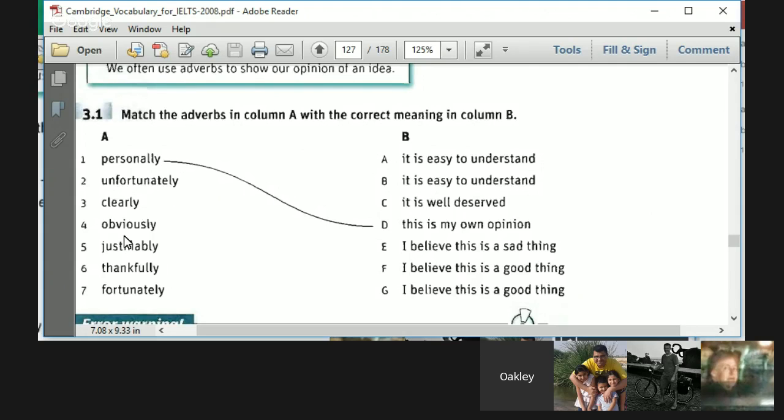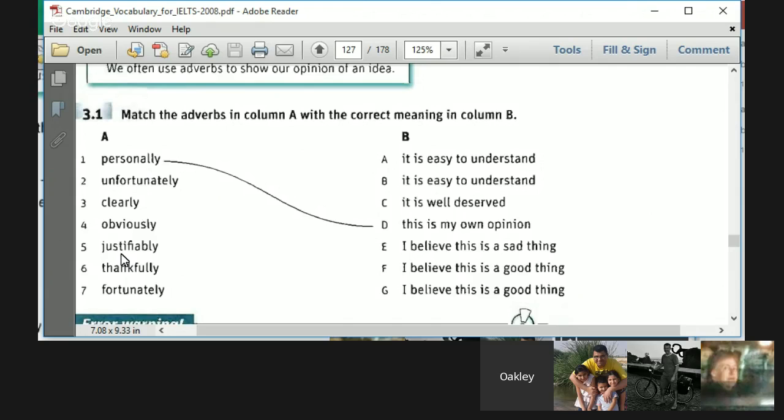Nasser, number 4. Obviously, it is easy to understand. Yes, obviously, Donald Trump is crazy, just like clearly, Donald Trump is crazy. Okay.